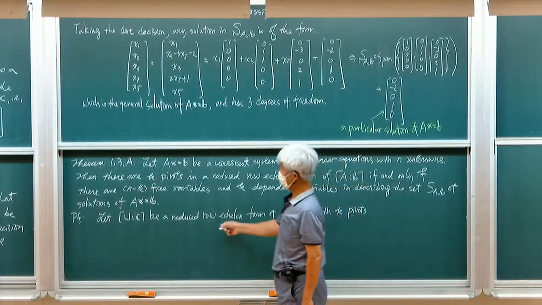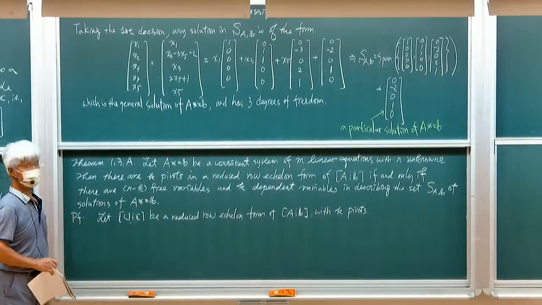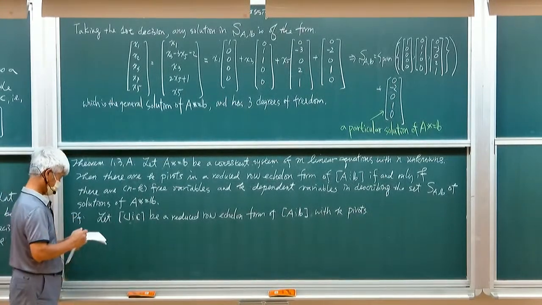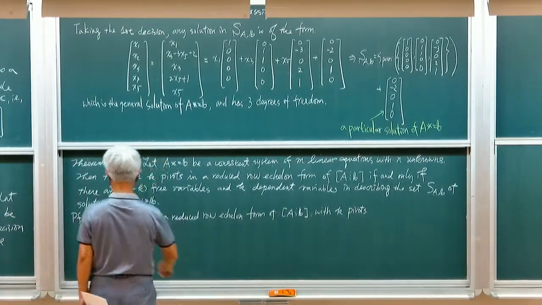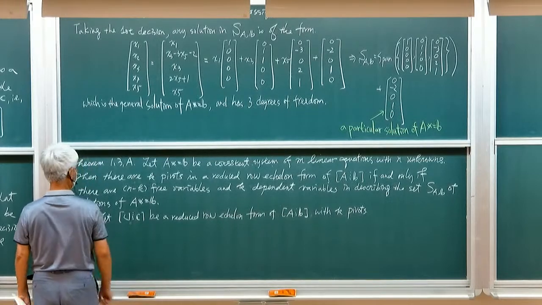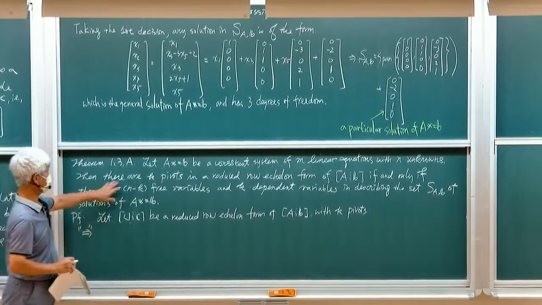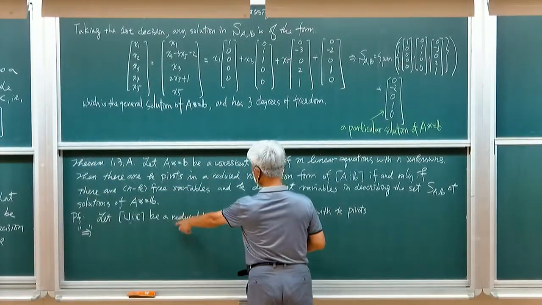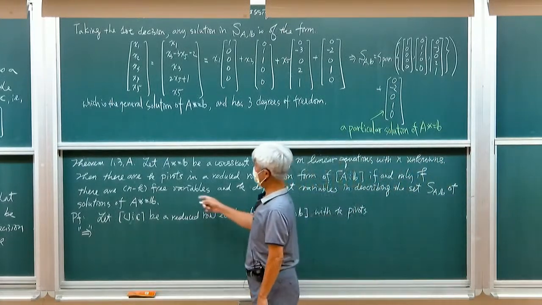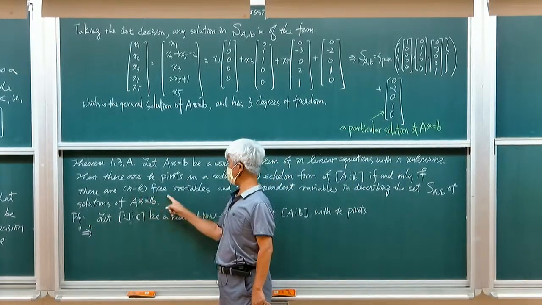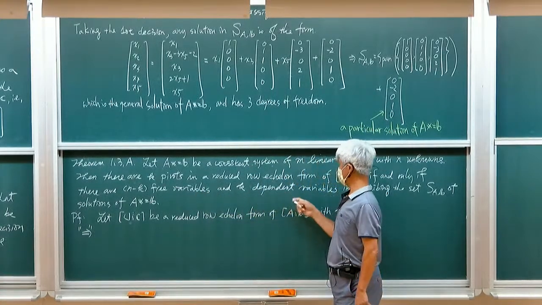So this augmented matrix has k pivots. Now, the forward part. The forward part says that we have k pivots in the row reduced form, and this will imply that we can set n minus k unknown variables to be free, and then the rest k variables to be dependent.